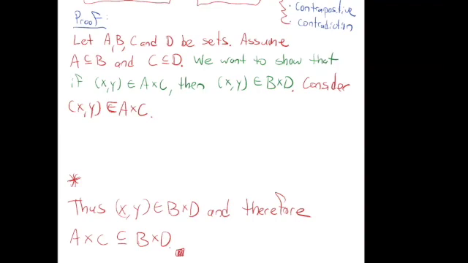What should be true about X? X is an element of B. That's right. So if we've got X is an element of B, and I can show that Y is an element of D, then that's going to give me this next sentence here.